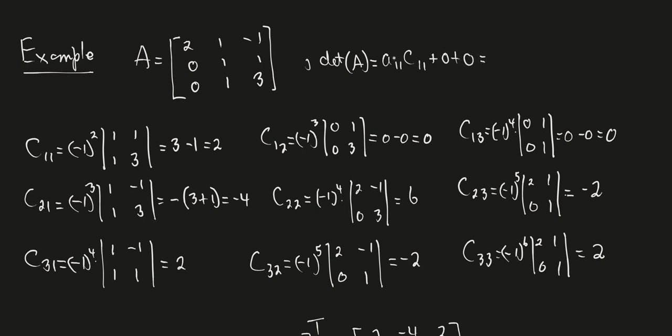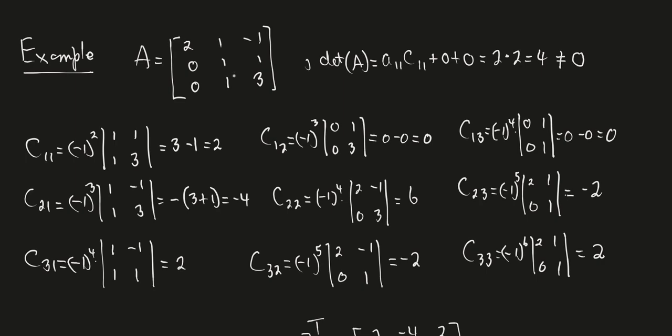So it really just boils down to 2, which is this number, times this cofactor, which is also 2. So my determinant is 4. And that's a good thing, because since my determinant is not 0, it tells me that this matrix has an inverse.